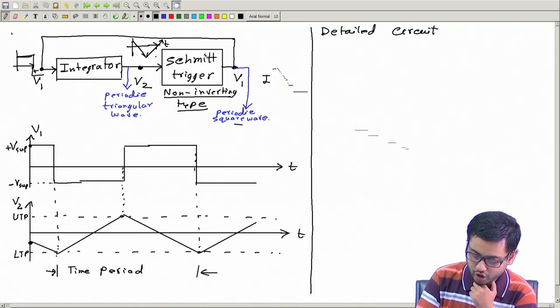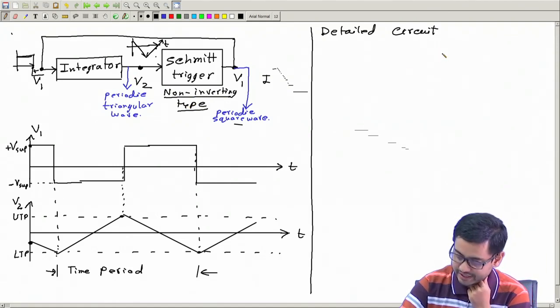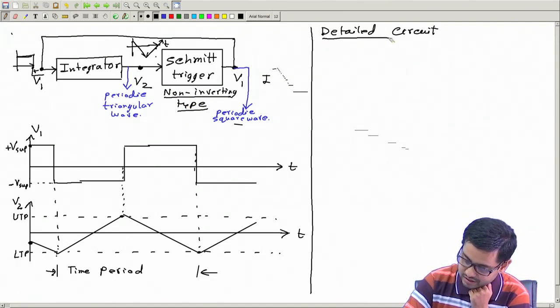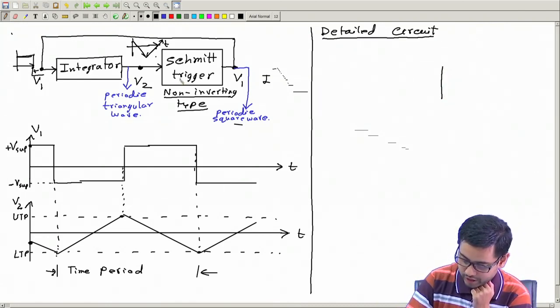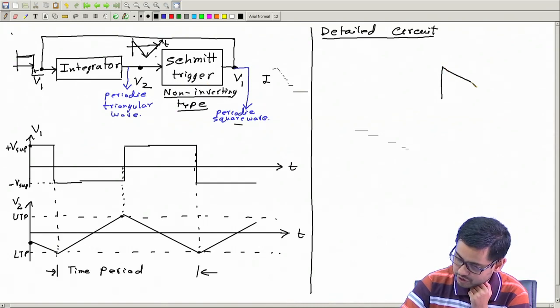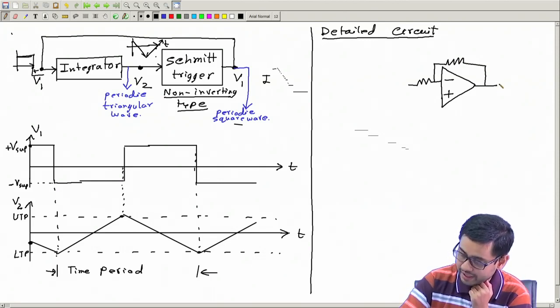Let's first draw the Schmitt trigger. We have to draw a non-inverting type Schmitt trigger. If you recall, to make a non-inverting Schmitt trigger, we start with an inverting amplifier. This is an inverting amplifier.